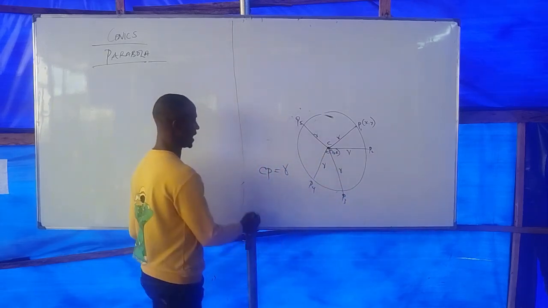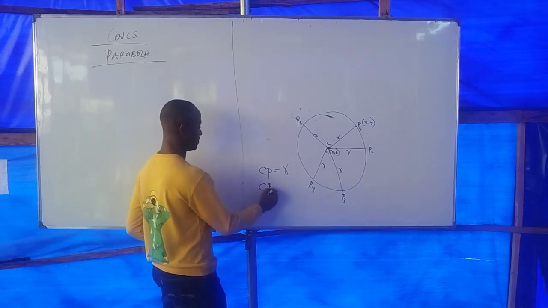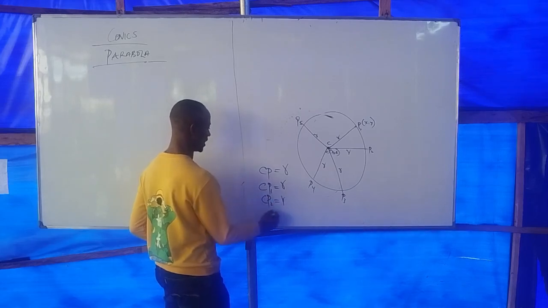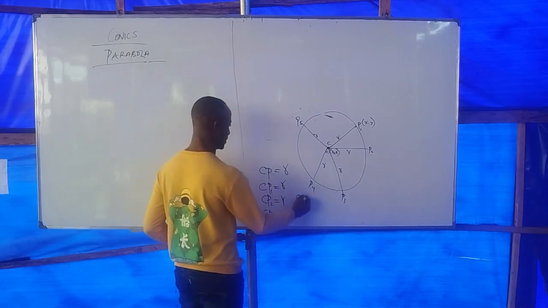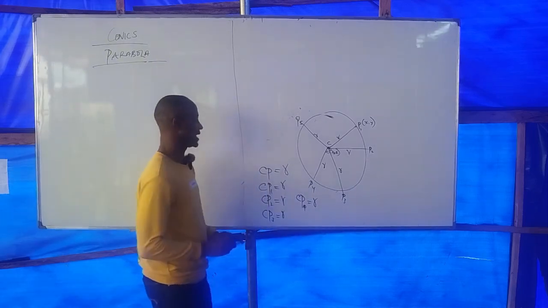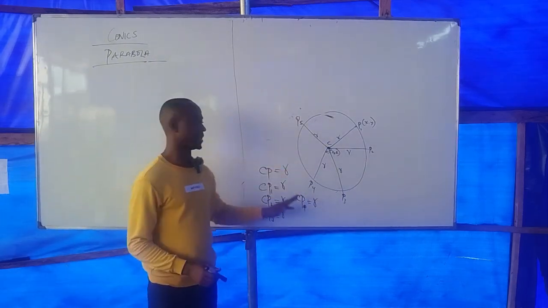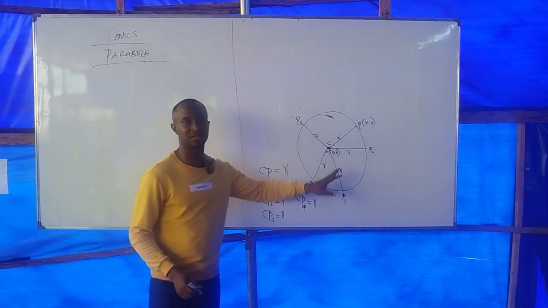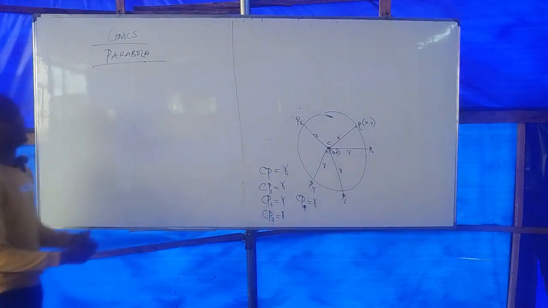That simply means we can have CP1 equals R, or CP2 equals R, or CP3 equals R, or CP4 equals R. So from the center to each of these locus points are at equal distance, which is our radius, right?